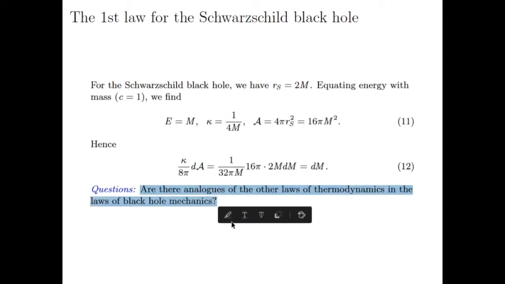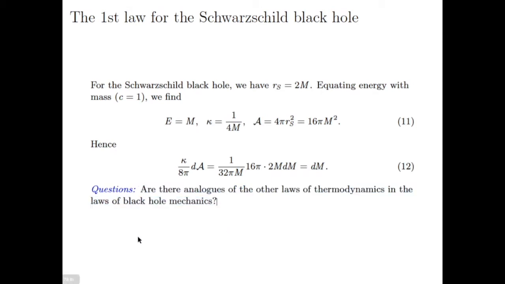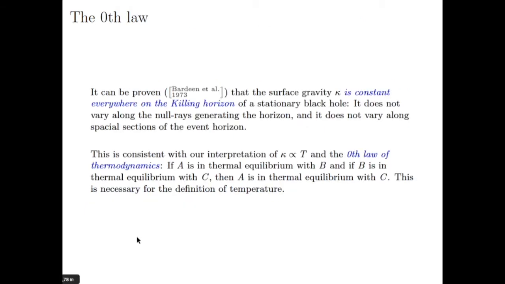And of course, it's very well known that the answer to this is going to be yes. So let me explain. First of all, the zeroth law. It can be proven for black holes that the surface gravity kappa is constant everywhere on the Killing horizon of a stationary black hole. It does not vary along the null rays that generate the horizon. That's trivial, and it does not vary along spatial sections of the event horizon.